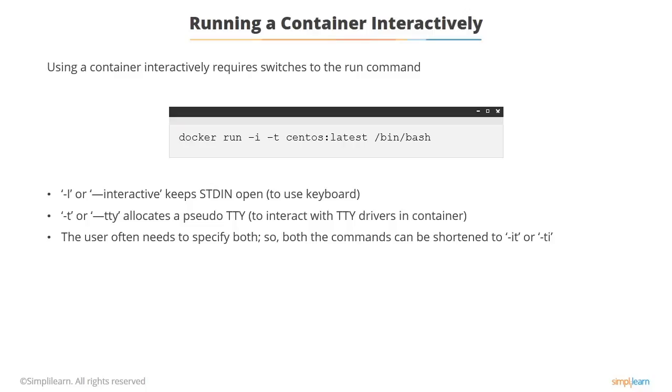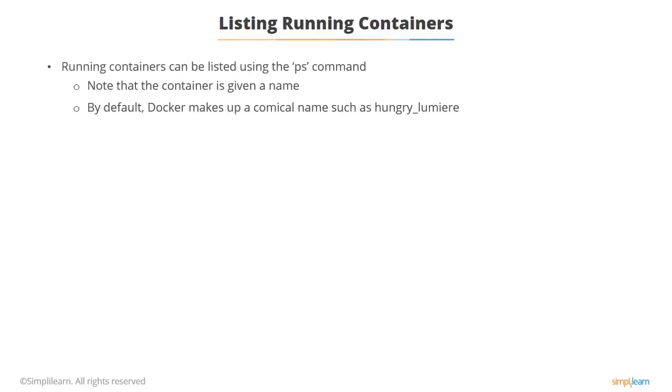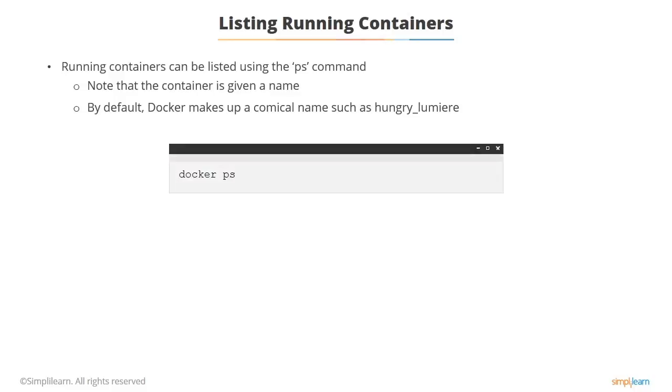If you do a docker ps, it'll list all the running containers in your machine. And the container will be given a name. By default, the name is quite comical, but you can specify an actual name. You can also do a docker stats, which shows you the resource usage, and you need to terminate that with a Control-C. So it's something to try playing around with.